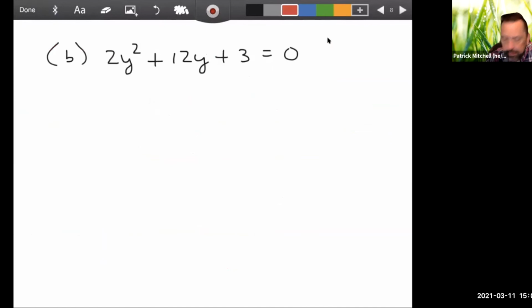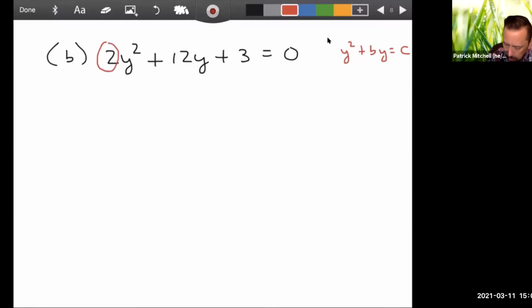All right, next, 2y squared plus 12y plus 3 equals 0. So again, we want to write this in the form y squared plus by equals c. Two things are involved with that. Number one, we have to get rid of this 2.